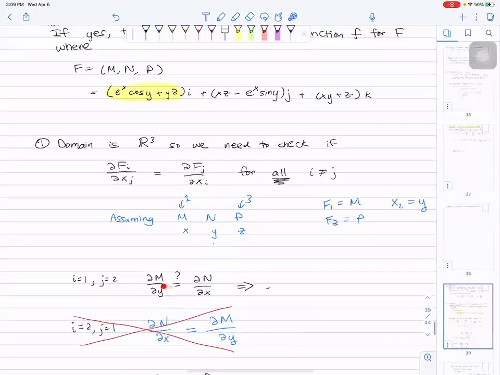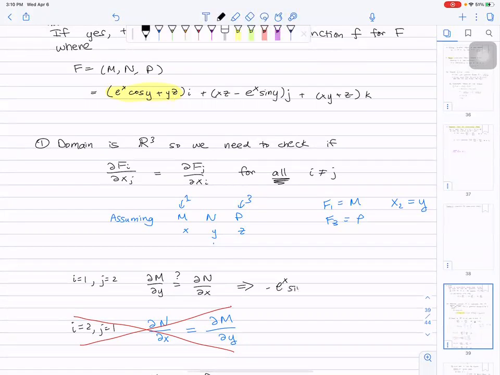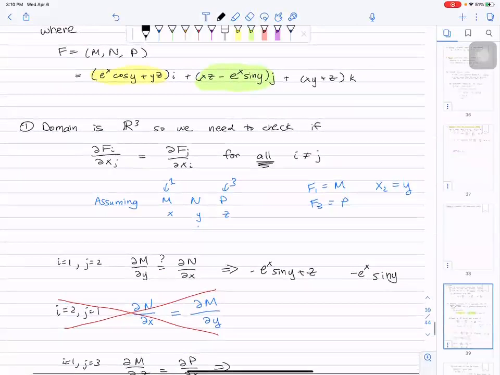Partial of M with respect to y would give me negative e to the x sine of y plus z. Partial of the green thing with respect to x would also give me negative e to the x sine of y plus z. And so they are equal.